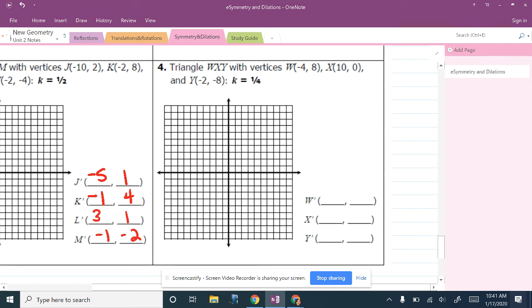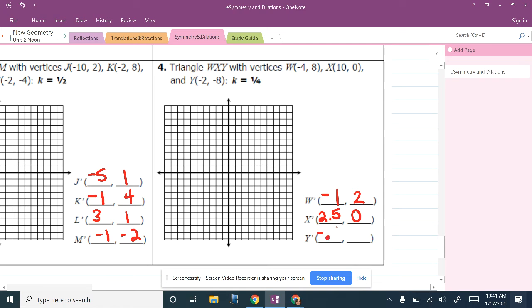All right. So what's -4 divided by 4? -1. What's 8 divided by 4? 2. And then what's 10 divided by 4? 2.5. And it's positive 2.5. And then 0 divided by 4 is 0. What's -2 divided by 4? -1/2, right?